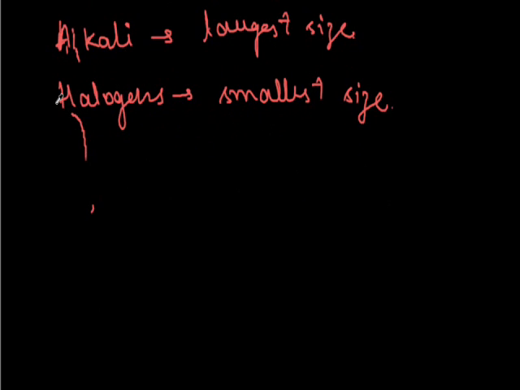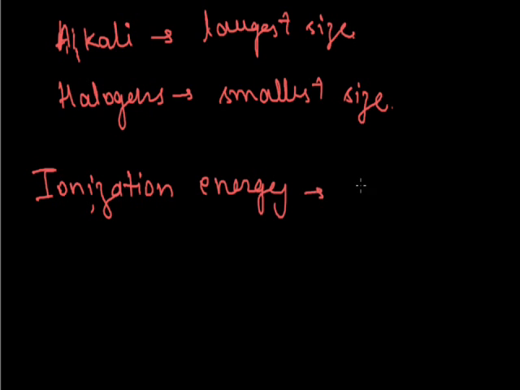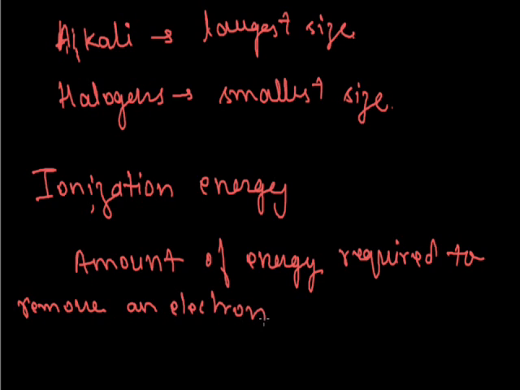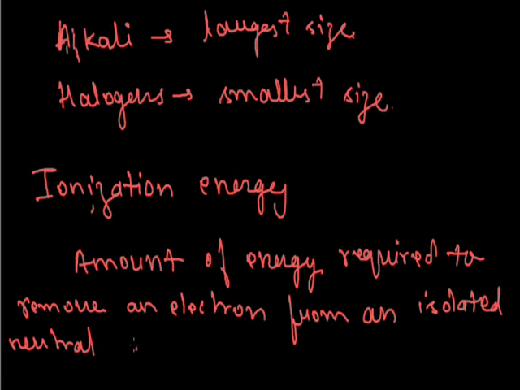The next property which we are dealing with is ionization energy. What is ionization energy? It is the minimum amount of energy required to remove an electron from an isolated neutral gaseous atom.